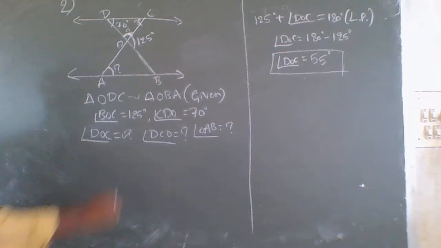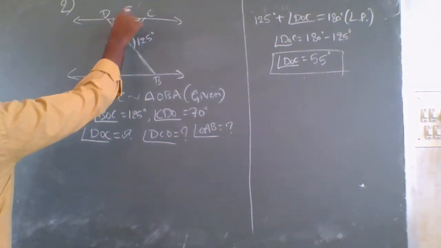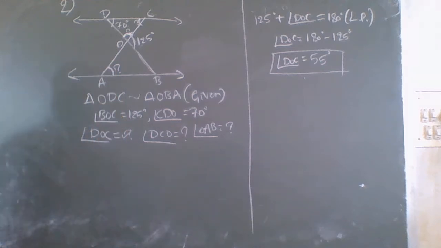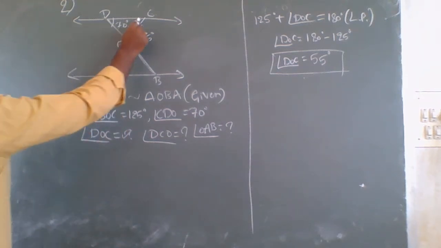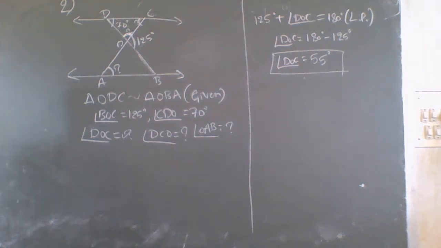Now by using this 55 degree and this 70 degree, we can calculate this angle DCO, because these three angles are in one triangle only.